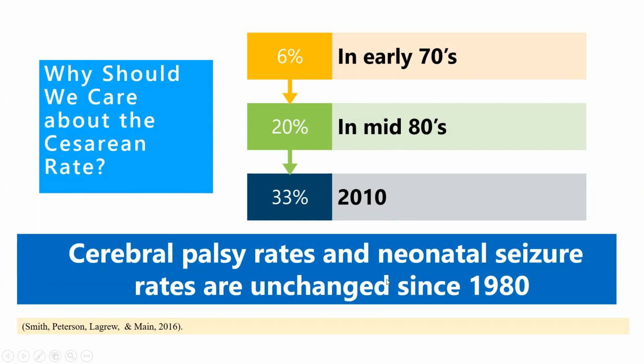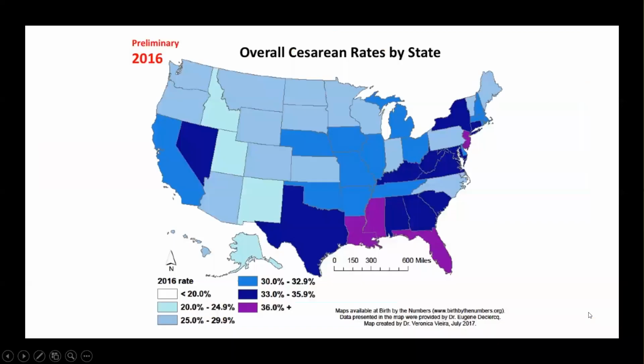And so why should we be concerned about the cesarean section rate? Why is this such an issue? It's become kind of a benign surgery. We have an overall view in the medical community that it's just no big deal. In fact, if you look throughout the United States, there are some places that are higher than 36%. Look at some of these states.